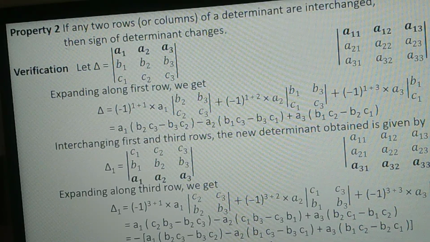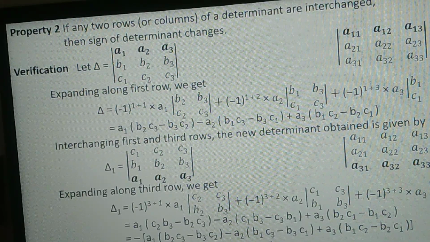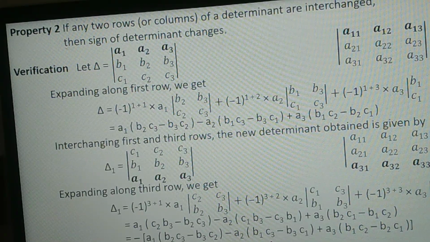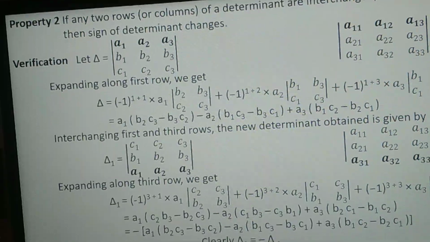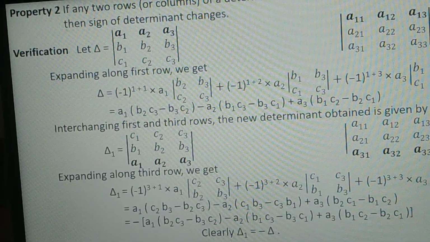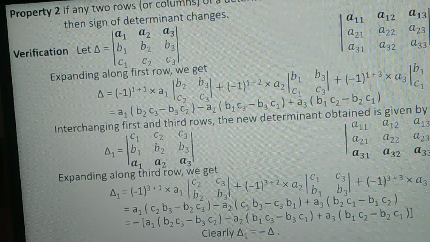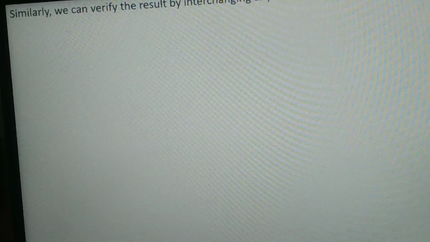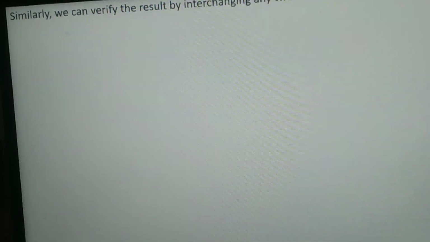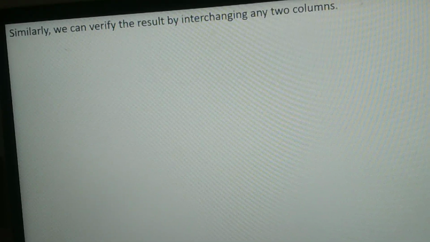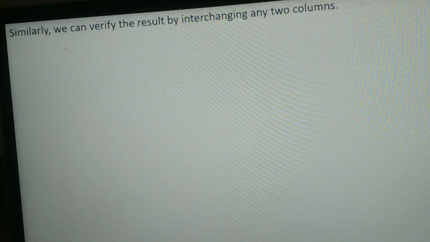Thus clearly delta 1 is equal to minus delta. Similarly, we can verify the result by interchanging any two rows.